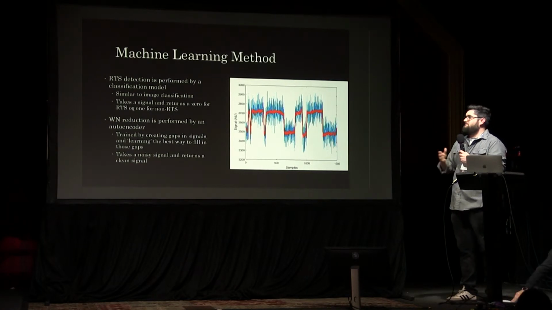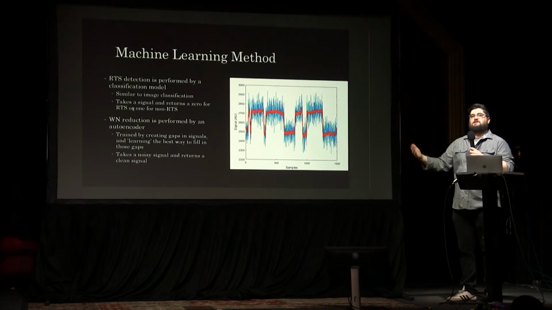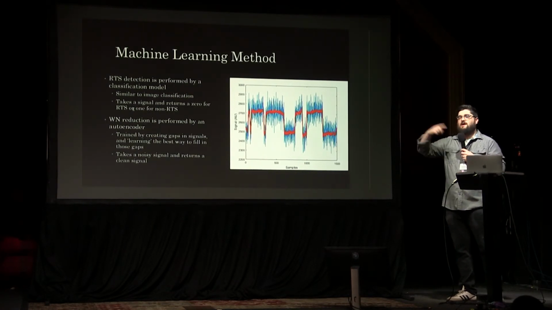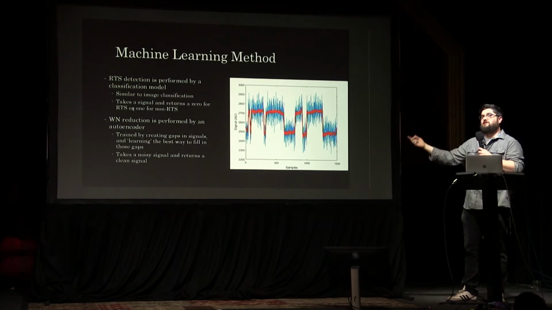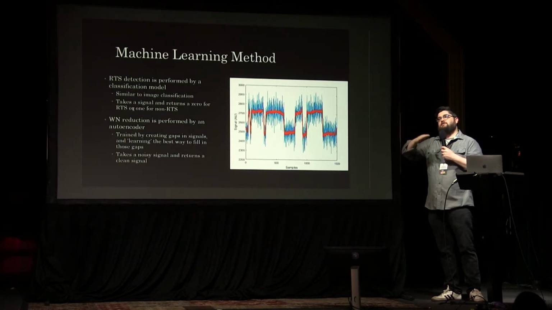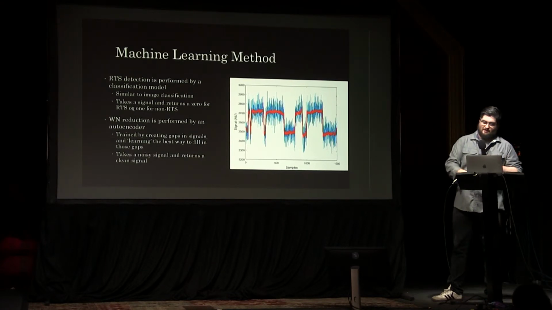So instead of sending in some signal that is size 1500 and getting a 1 or a 0 out, I get something back out which is the same size of what I put into it. And the autoencoder learns by creating gaps and then figuring out how to fill in those gaps in a sensible way so that my signal to noise increases quite a bit.